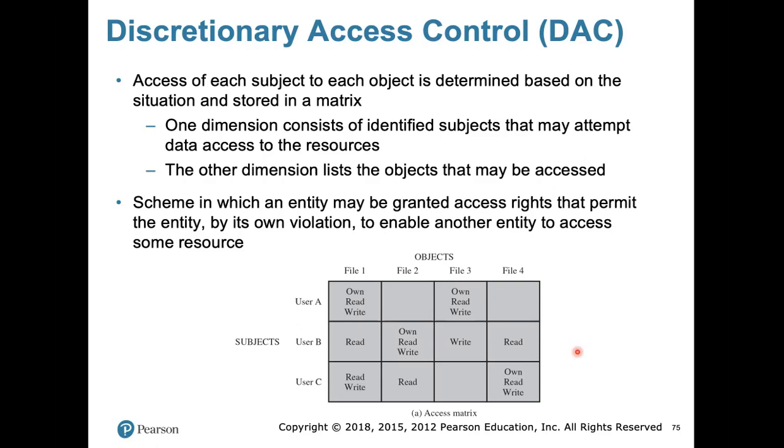Basically, file 2 is hidden from user A's point of view. User A never sees, never finds, or never observes file 2 because there is no access defined for user A with respect to file 2.